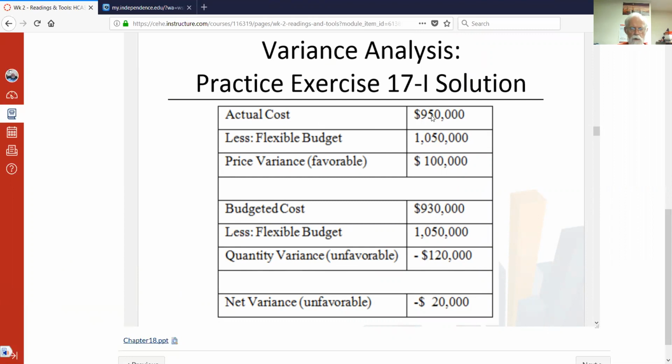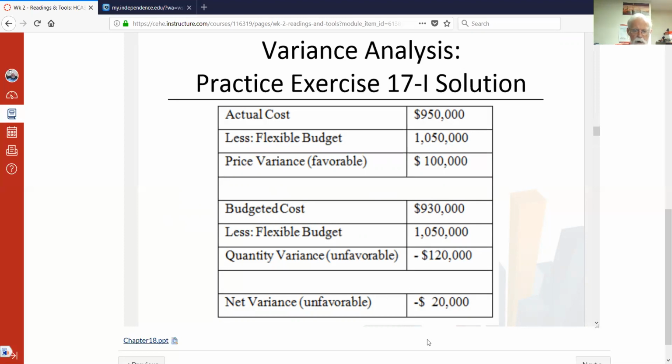Here's an example. The actual cost here in this example, 950,000. Our flex budget was 100,000 more. The budgeted cost, however, was 930, where with our flexible budget we were under by 120,000.